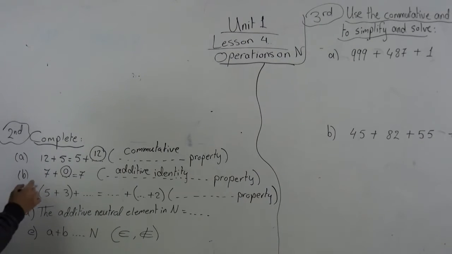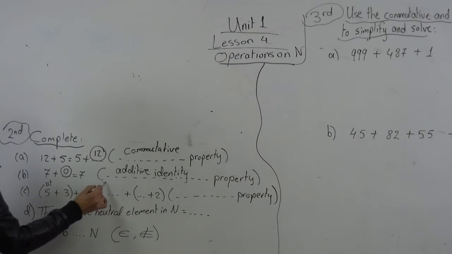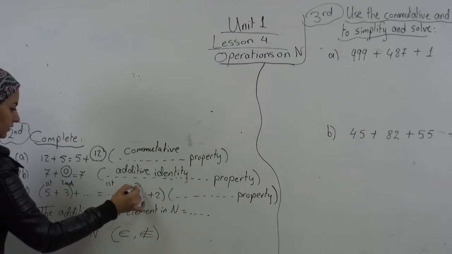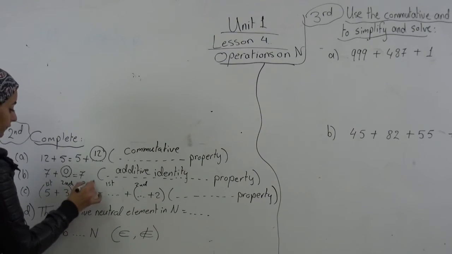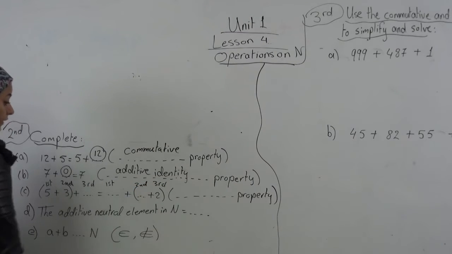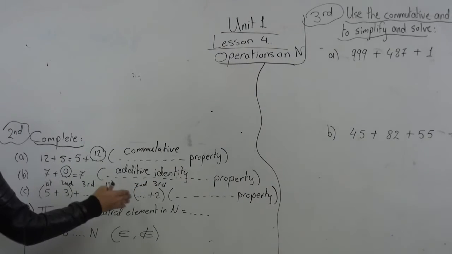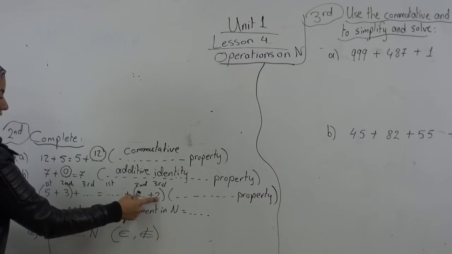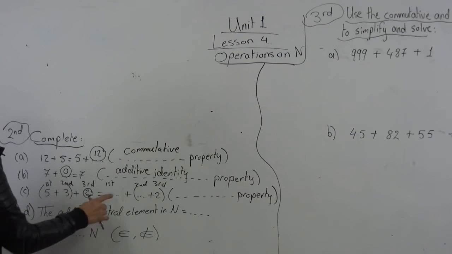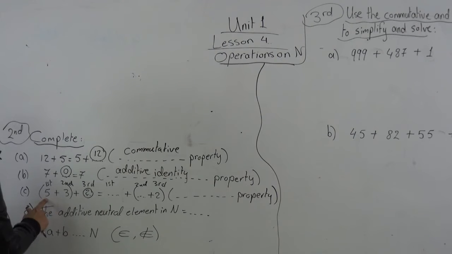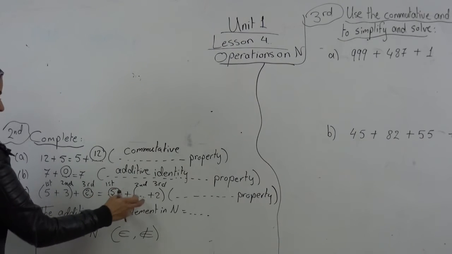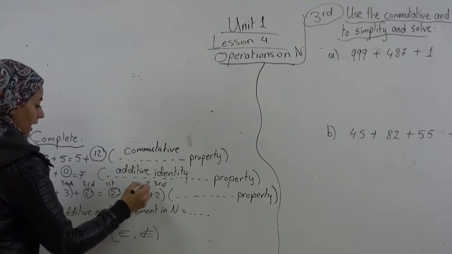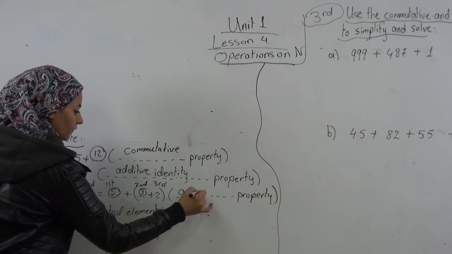As we said in the associative property, the first number before the equal will be the first number after the equal, the second before the equal will be the second after the equal, and the third before the equal will be the third after the equal. So we are going to bring this from here and this from here. The third number before the equal is 2, and the first number after the equal is 5. And the second number, we are going to bring from before the equal, it is 3. And this is the associative property.